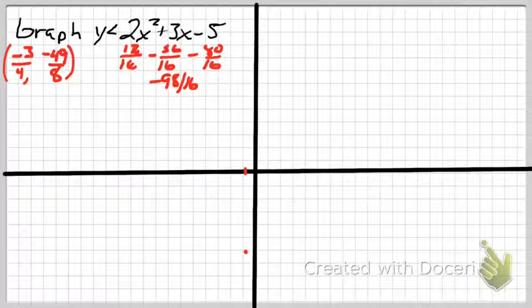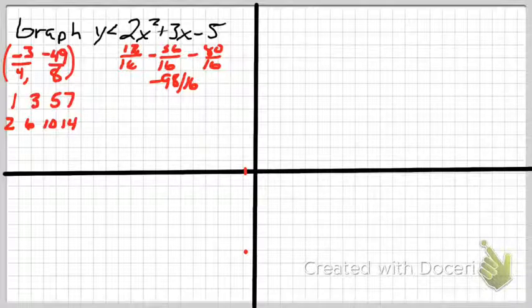Now our 1, 3, 5, 7 has got to be multiplied by 2, because a is 2. So when you take your 2, you basically do the same thing that you always do, only you leave the dot in the same spot in the square. It's not on an intersection, it's kind of floating.